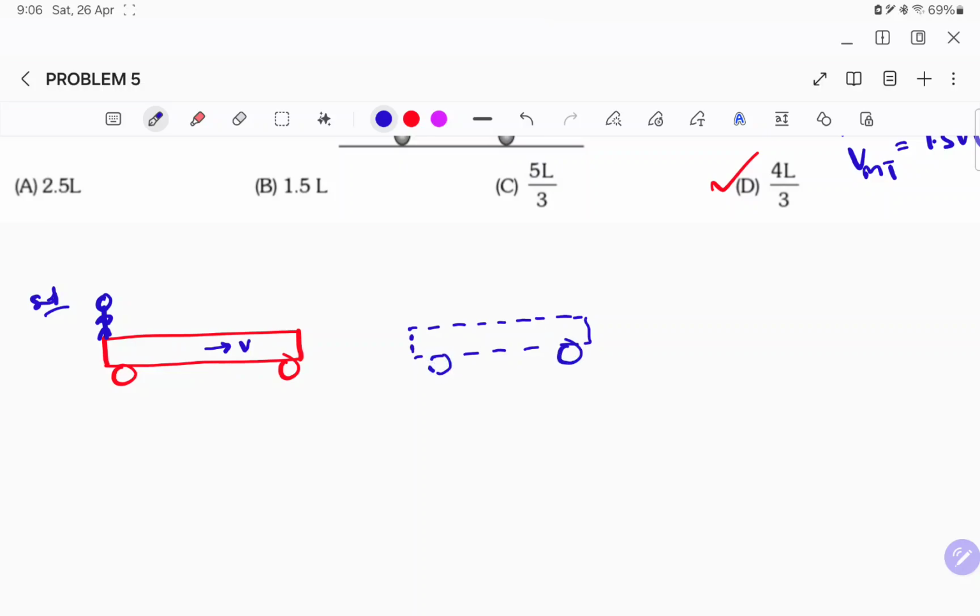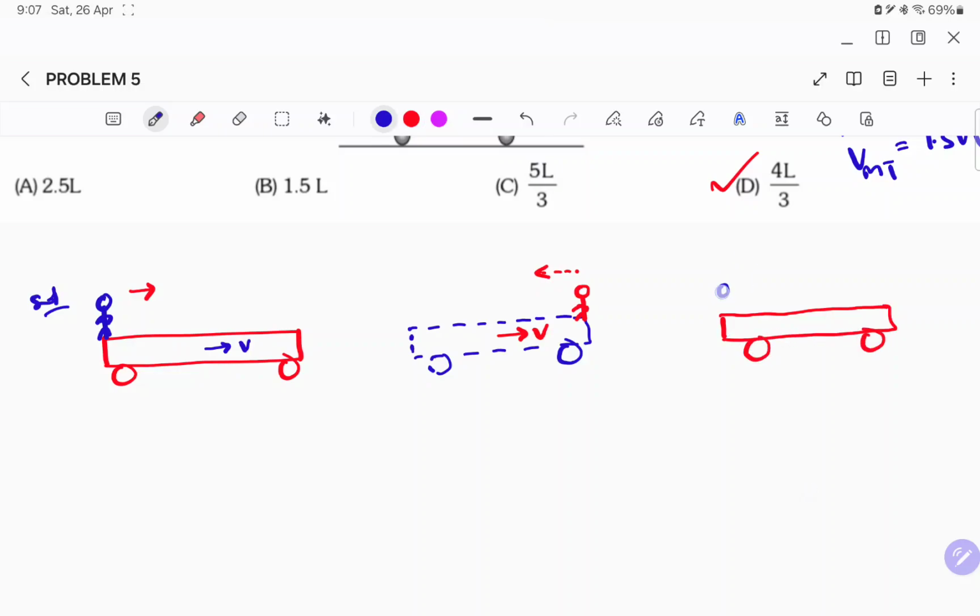Meanwhile, within this time, man reached the end of the trolley, and here he traveled in this direction, and then immediately he reversed his direction of motion, and now the trolley keeps moving with v velocity, so the trolley is now somewhere else here.